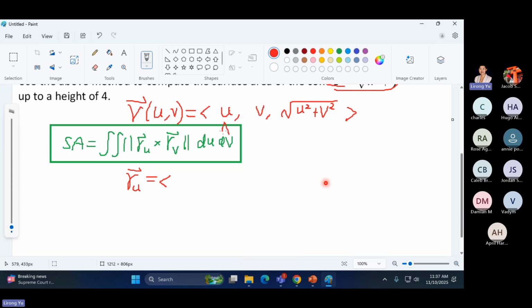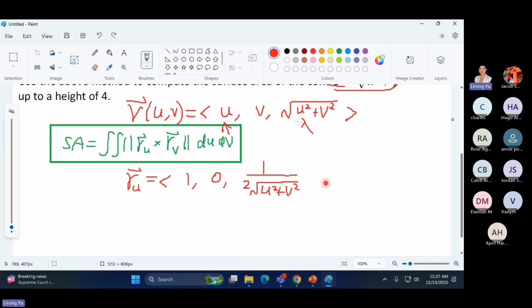So this one, the first component differentiated with respect to u, we get 1. The second component has no u, so 0. The third one, if you differentiate with respect to u, it's the root, so it's 1 over 2 times the root. That's differentiating the root. And then we also have to differentiate the inside with respect to u.